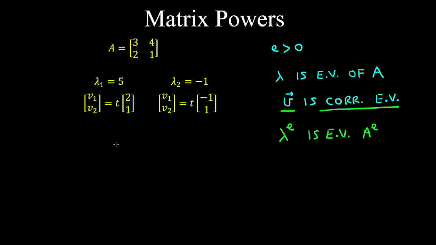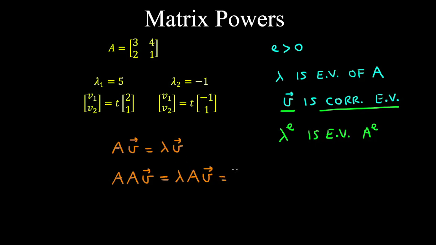So this can be seen from the following equation, where we have Av is the scalar lambda times v, and if we multiply both sides by A, we get AAv, which is a scalar times Av, and Av is lambda v.